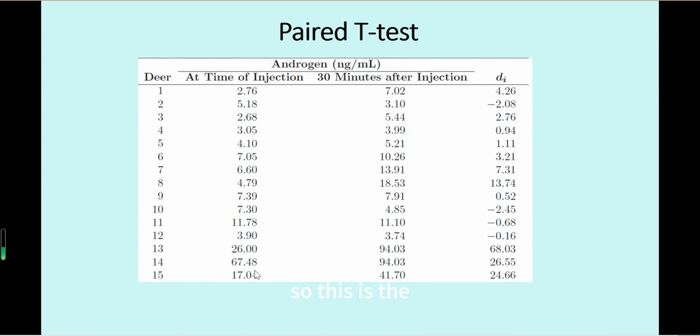So this is the sample data, 15 deer, 15 observations, and each has paired data. Then for each deer, we calculate the difference called di. So di has 15 observations. This di is like one sample, one population of data, right?